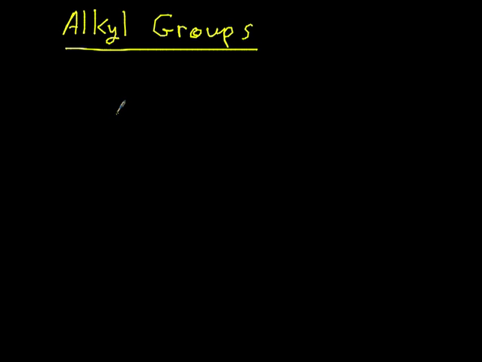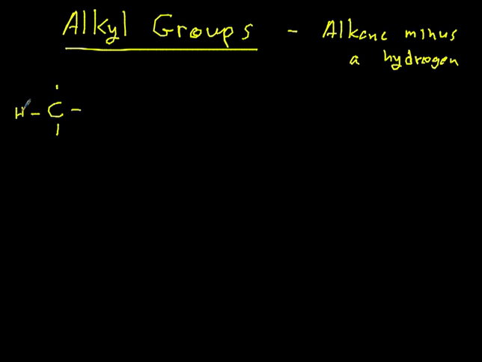Now, what an alkyl group effectively is, it is an alkane minus a hydrogen. That's what an alkyl group basically is. So let's take a look at a couple of simple alkyl groups. We're not going to get very complicated. If we take a look at CH4, well, that is methane.